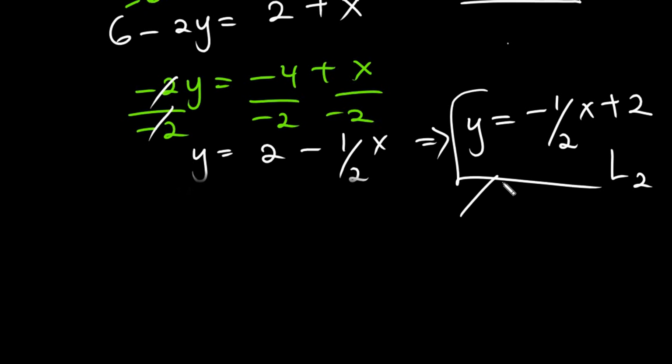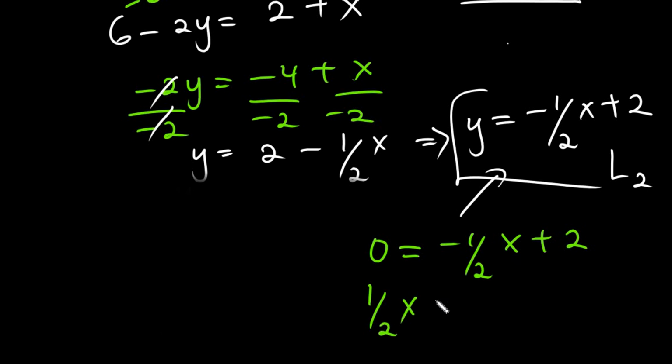So at the x-intercept, the value of y is 0. For this equation, we can substitute y with 0. So it's going to be 0 equals negative half x plus 2. We can take this negative half x to the other side, so that we have a half x is equal to 2.